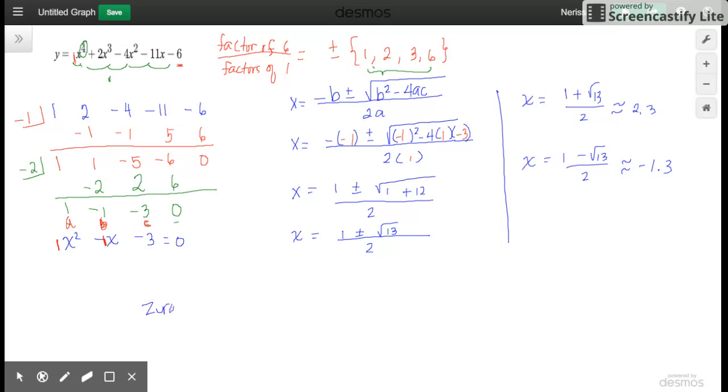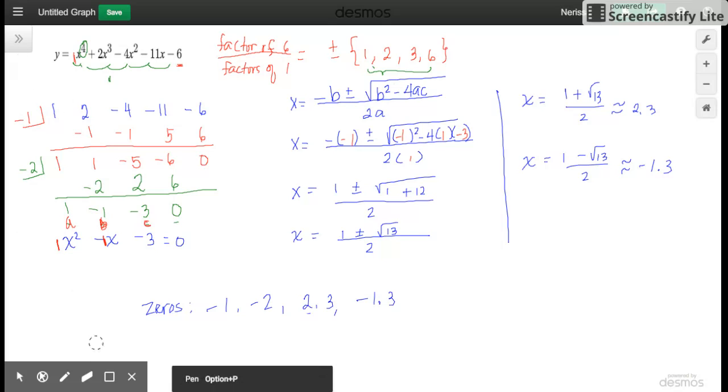The zeros are, let me just list the zeros here, negative 1, negative 2, 2.3, and negative 1.3. So let's just check. Did we find 4 zeros? Yes, we did. Did we find one positive zero because there's one sign change? Yes, we did. And we found 3 negative zeros.